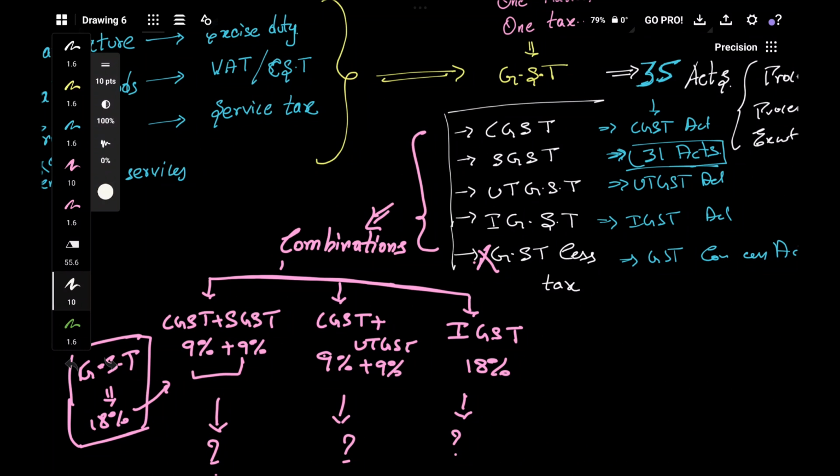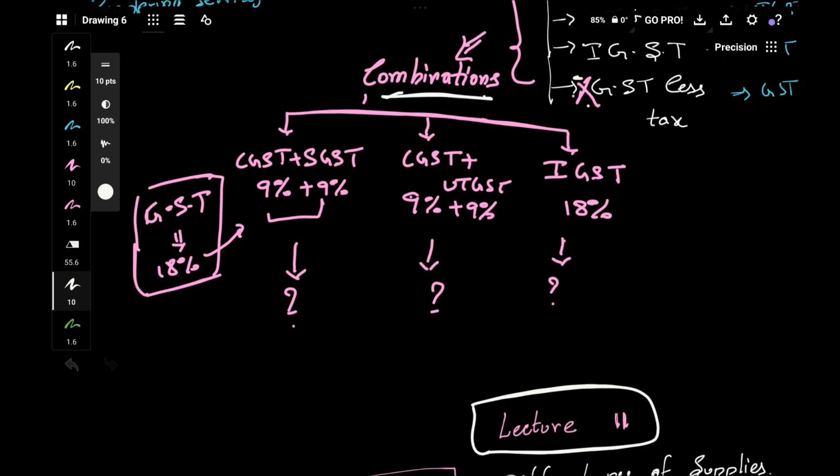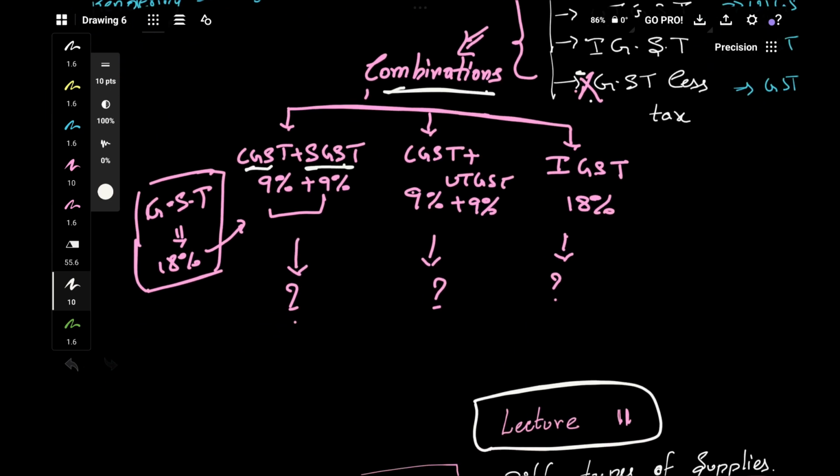We'll discuss GST compensation afterwards. The other 4 taxes are levied in combinations. CGST and SGST is a combination, CGST and UTGST is a combination, and IGST separately is a combination. On certain transactions, CGST and SGST is applied. Let's say on some mobile phone, there is a GST rate of 18%. So CGST and SGST will apply only 9% each.